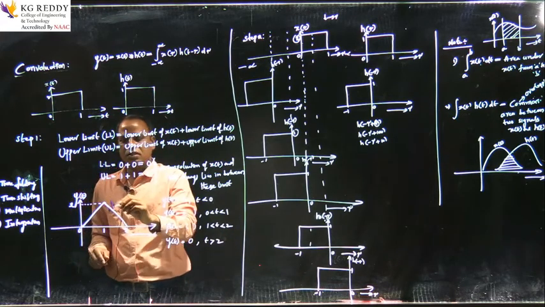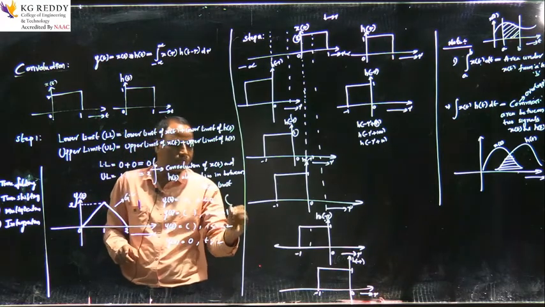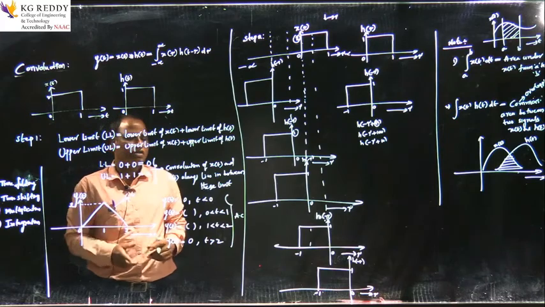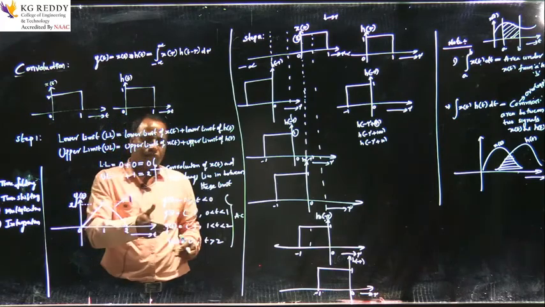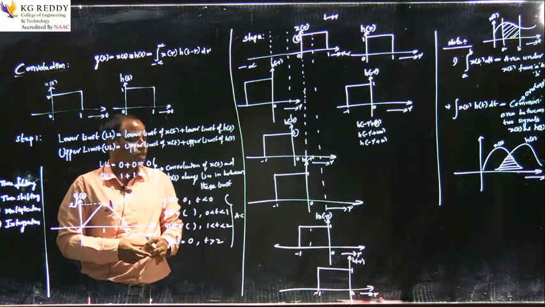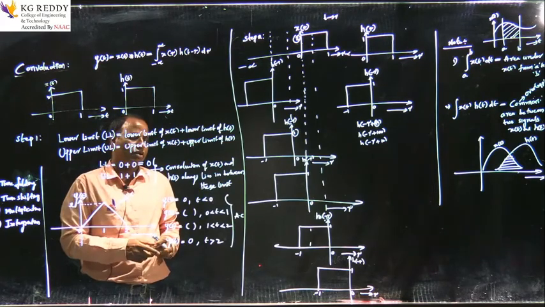This is called graphical convolution, and this we call analytical convolution. The graphical convolution and analytical convolution. And we have some processes to determine these expressions for y of t in the convolution. Easy methods we have with the help of the convolution concept.